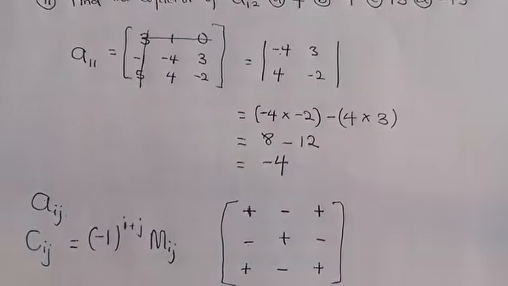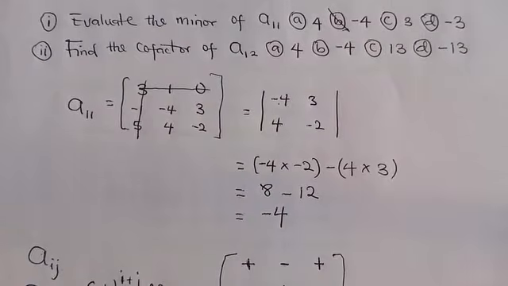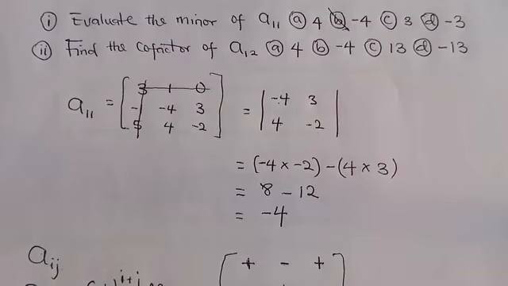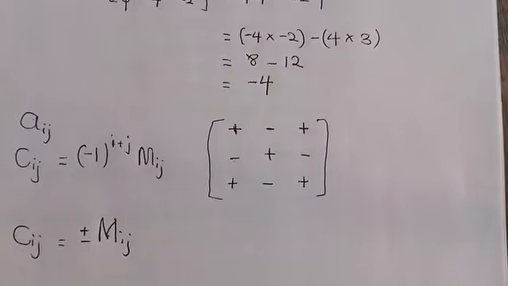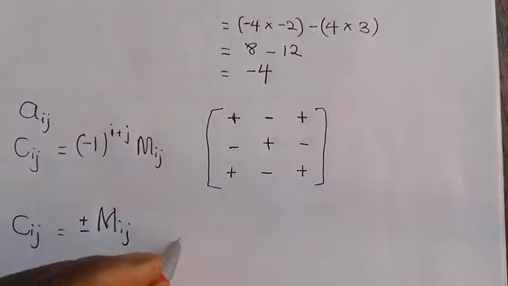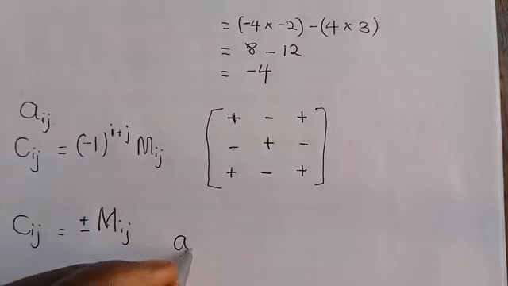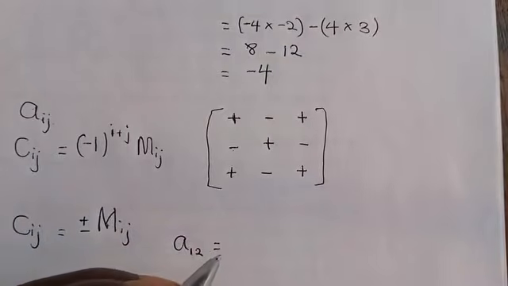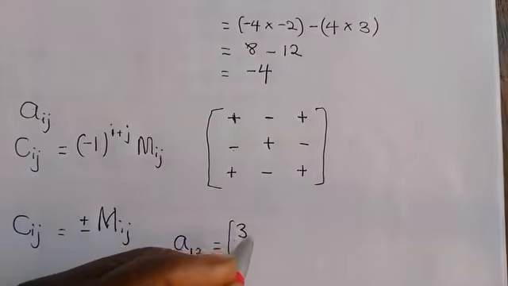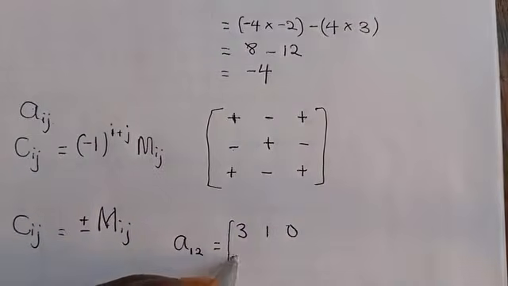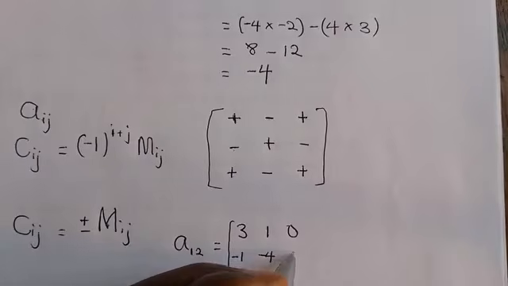For this particular question, where we have A12, first of all, we need to get the minor of A12. Minor of A12. So we have the matrix. Again, let's bring it back. We have 3, 1, 0, minus 1, minus 4, and 3, while here is 5, 4, and minus 2.